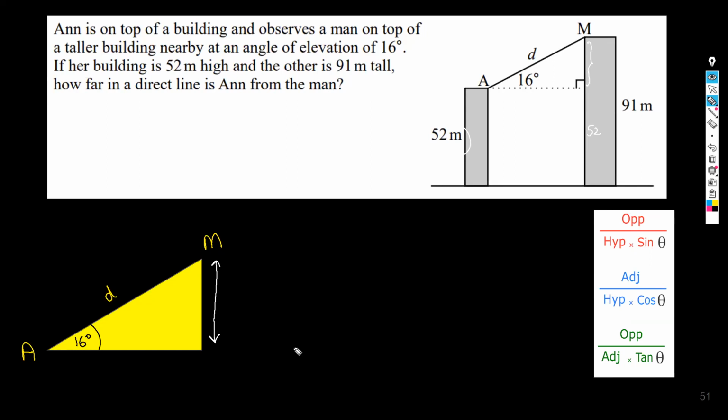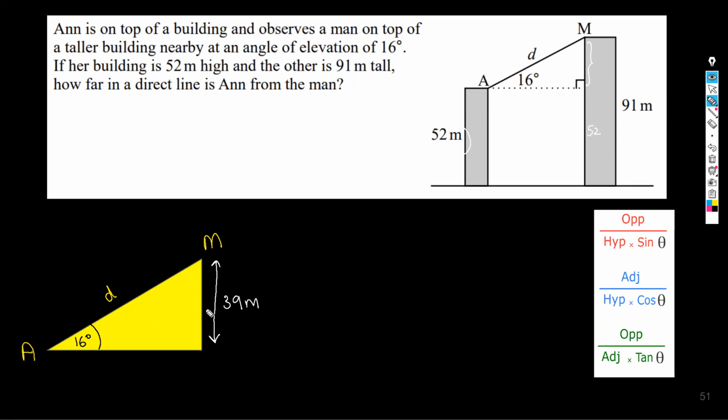And once you get that distance, you can either use sine, tan, or cosine to complete the question. So to find this missing length is just 91 minus 52, right? 91 minus 52 gives us 39 meters.